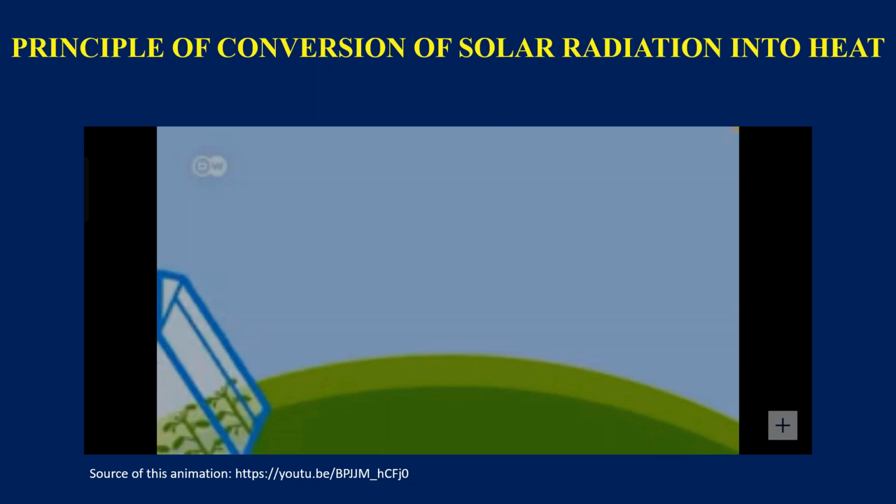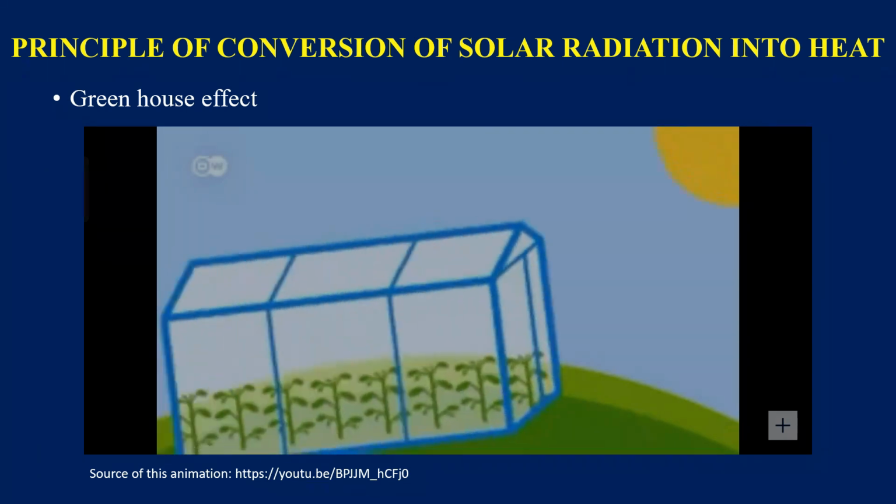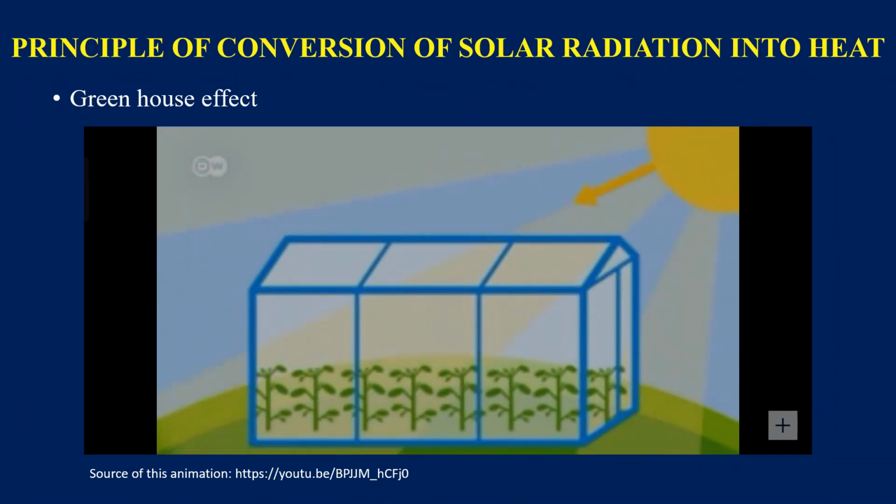The basic principle behind the heat conversion process is the greenhouse effect. So what is the greenhouse effect? It allows sunlight to enter but doesn't allow heat to escape. Let us understand what exactly is happening. Solar radiation can easily pass through glass, then the ground inside the glass house is heated up.